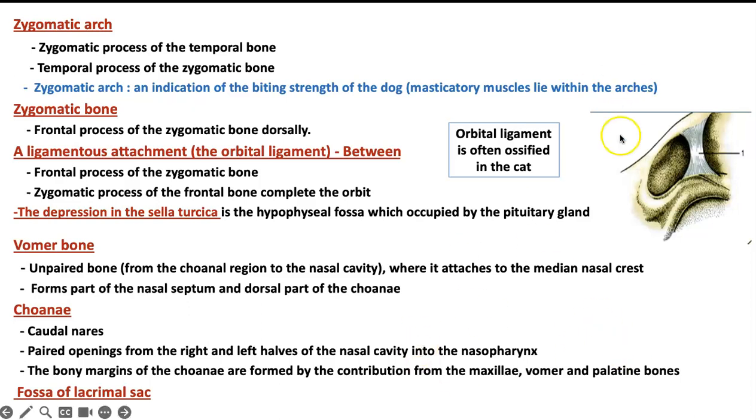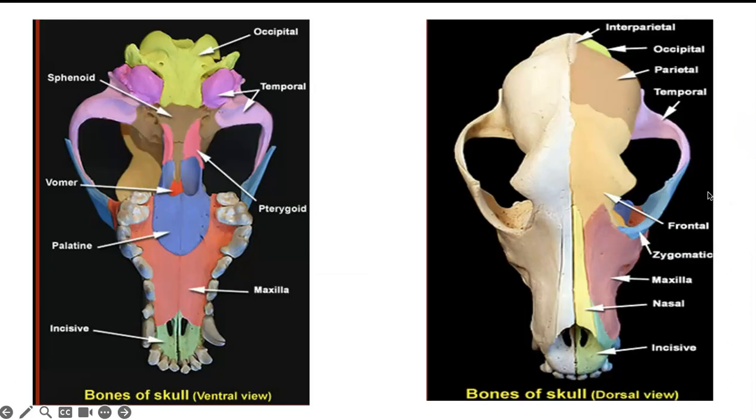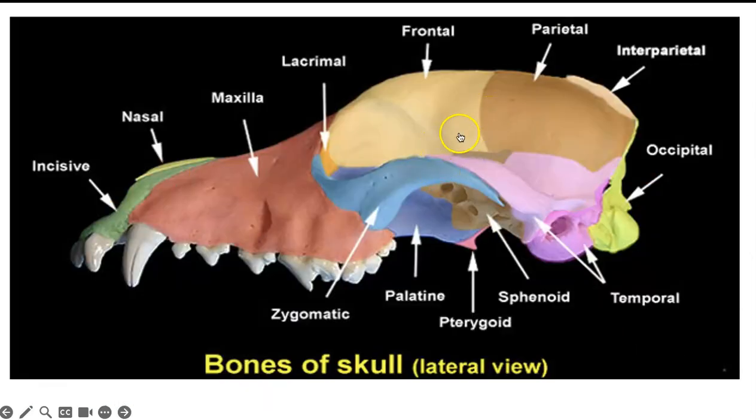Also, as you know, in the case of the dog, the orbit will be incomplete. So if you go back here, you can see now the orbit will be incomplete here, and there is only a ligament known as the orbital ligament, which attaches between the zygomatic bone, which has two processes. This one is called the temporal process of the zygomatic, and it also has a frontal process of the zygomatic, and the frontal bone has the zygomatic process of the frontal.